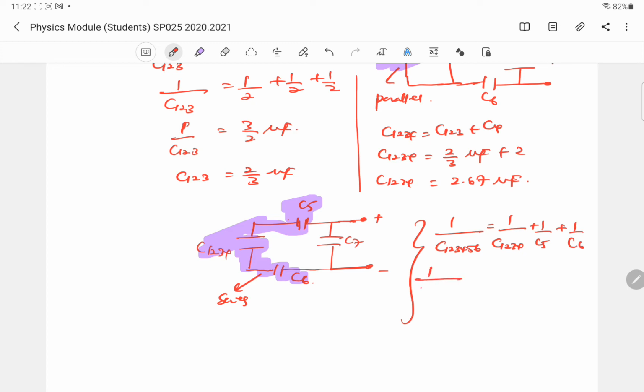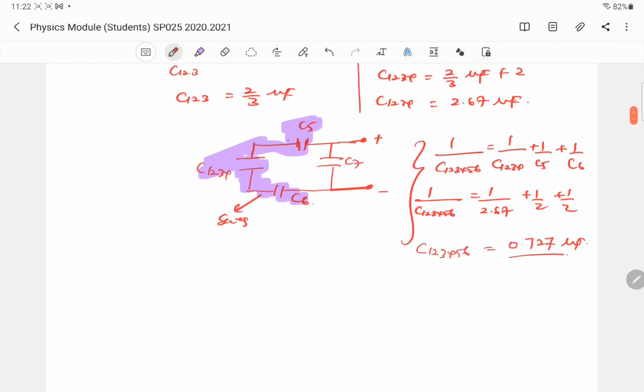So C123456 equal to 1 over 2.67 plus 1 over 2 plus 1 over 2. Okay, so C123456 equal to 0.727 microfarad. So the last one barulah kita combine semua.